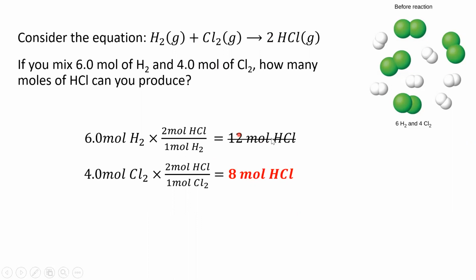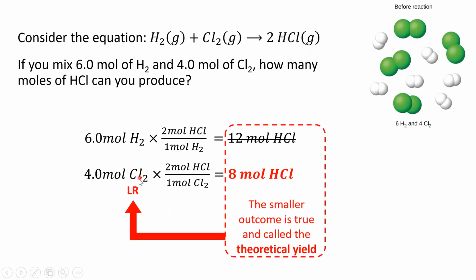Well, we can't make 12 moles of hydrogen chloride because we stopped the reaction after we've made 8. So that means the chlorine is our limiting reactant. LR just stands for limiting reactant, so we don't have to write it out all the time. It's the limiting reactant because it runs out and it limits how much product we produce.